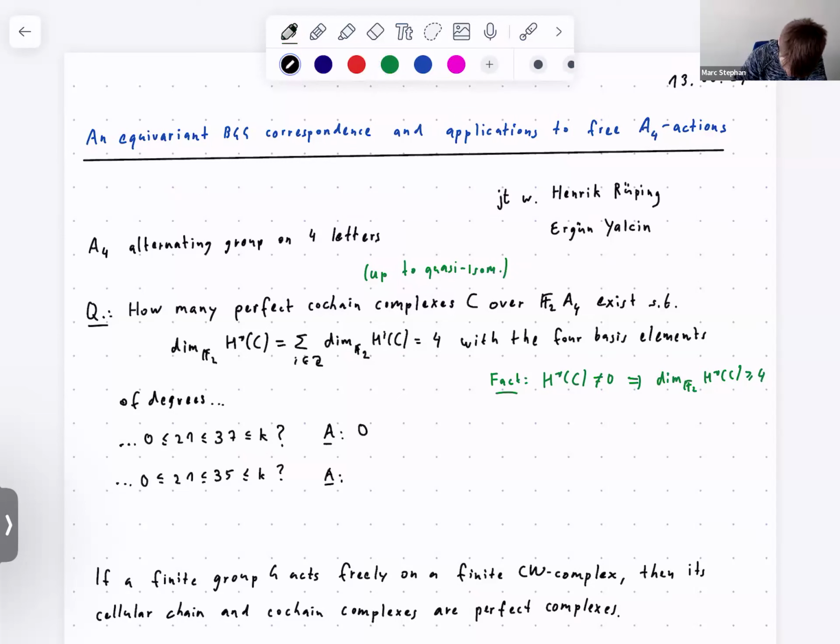So then we do have some perfect complexes when k is the sum of the 2 middle numbers, 21 plus 35, so 56. But otherwise, we don't have any. And I don't know if anybody wants to guess how many there could be. Just mention a number.